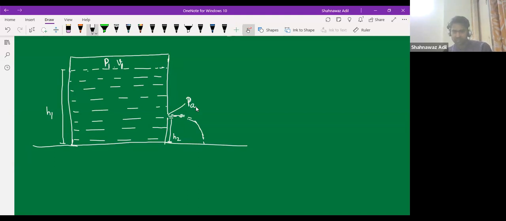And then the water flowing out has some velocity, let's say this is V2. So we have all these things, and let's say this separation is H. This is H.